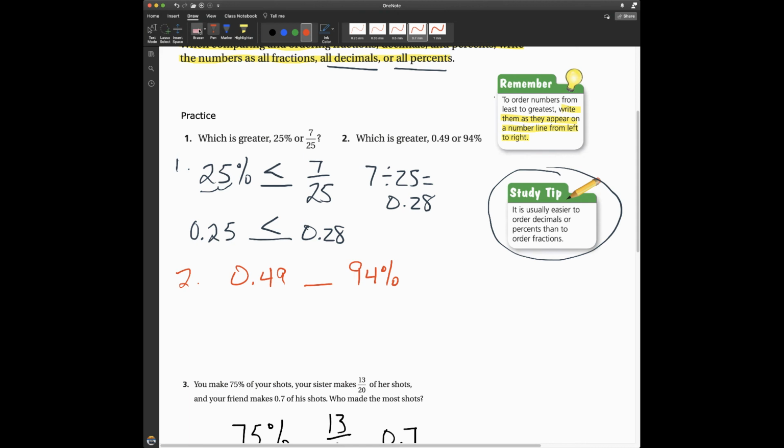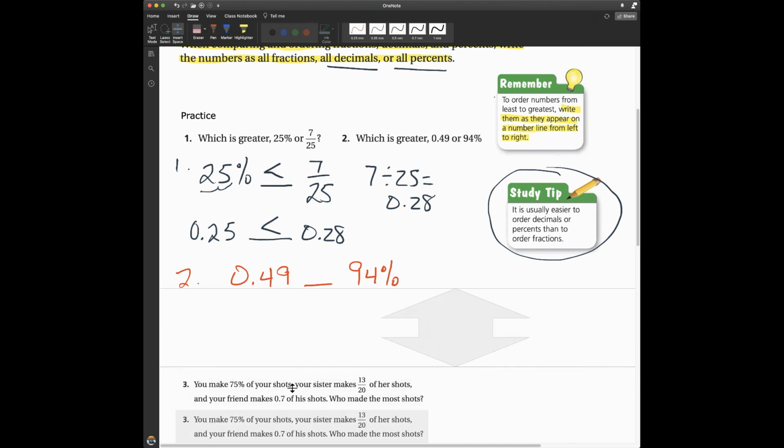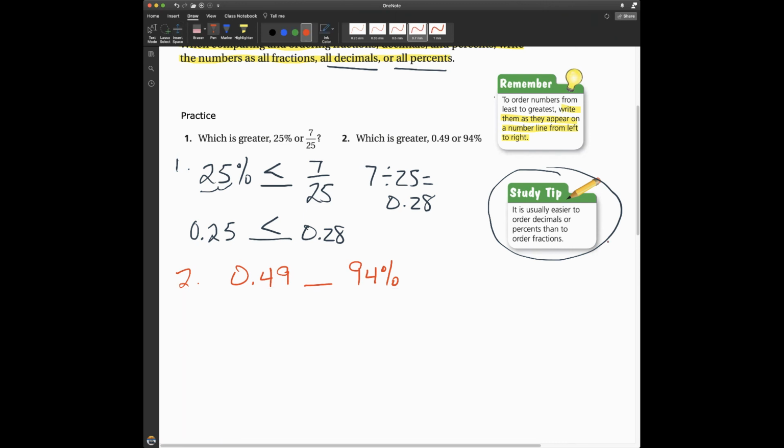All right, so we're back and fixing my 9 there. So let's see, what did you guys get for this one? So this one's already written as a decimal. So I could either write the decimal as a percent or I could write the percent as a decimal. Either way is fine.